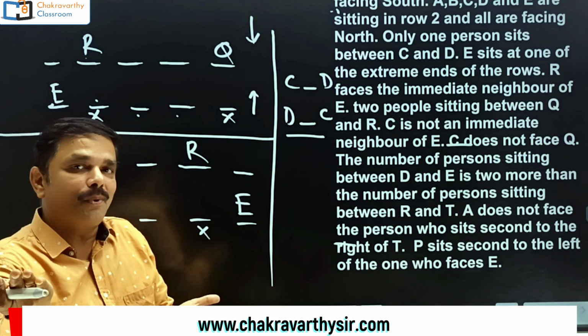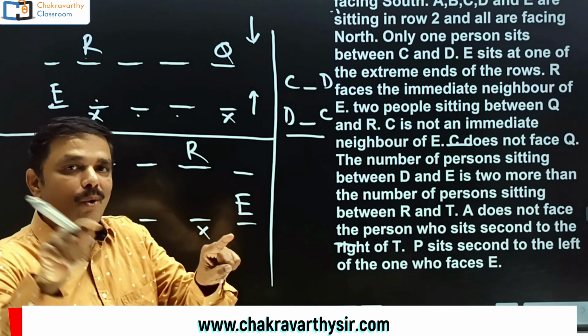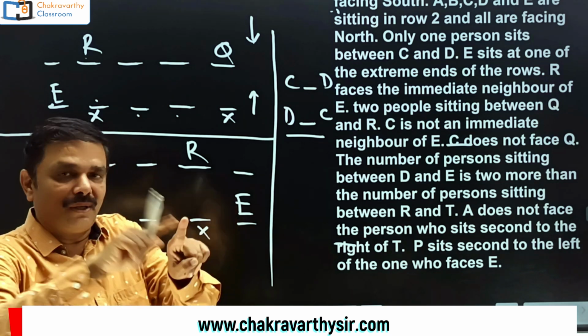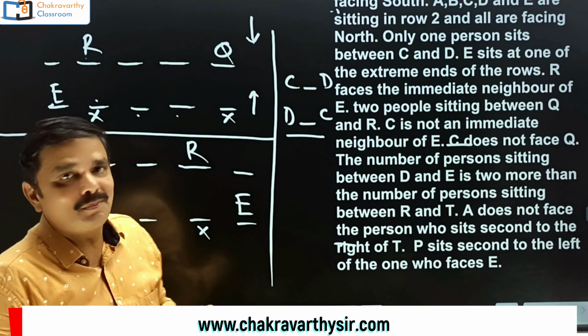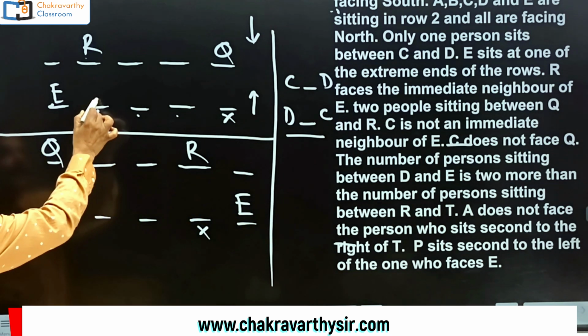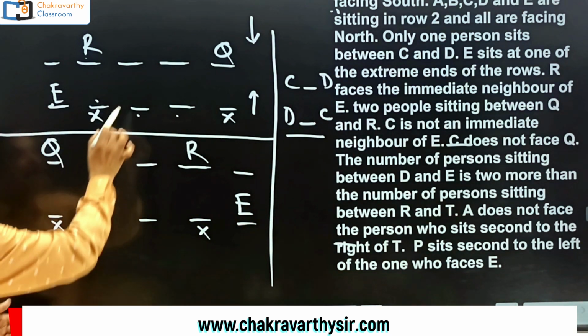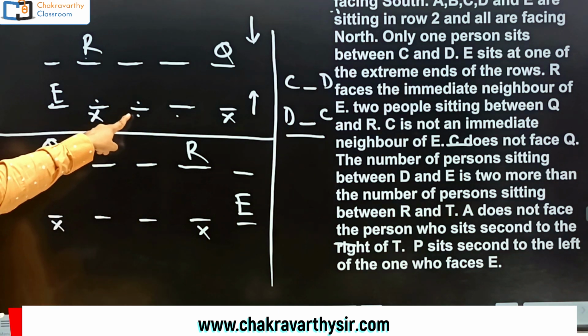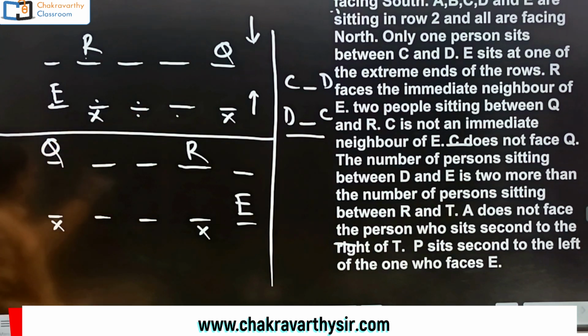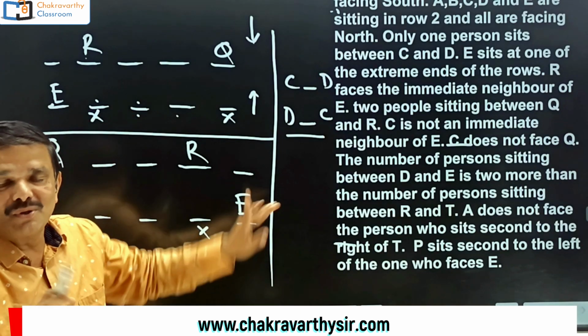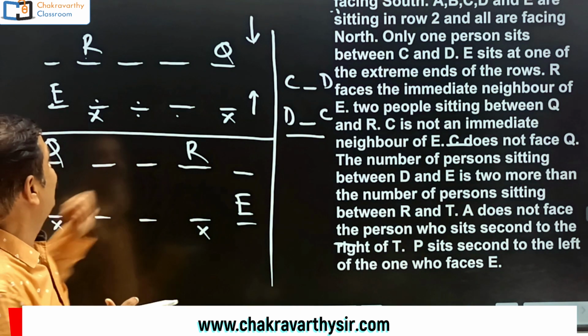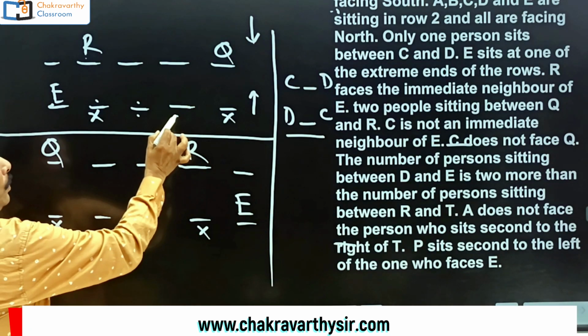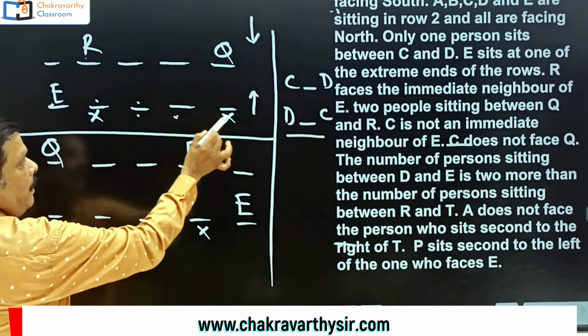When 0 persons are possible between R and T, then plus 2, between D and E, 2 persons must be there. For that reason, I cannot keep D here, or here. Even if I keep D here also, between D and E, only 1 person will be there. That is not possible according to this clue. For that reason, I have left out 2 places for D, either here or here.